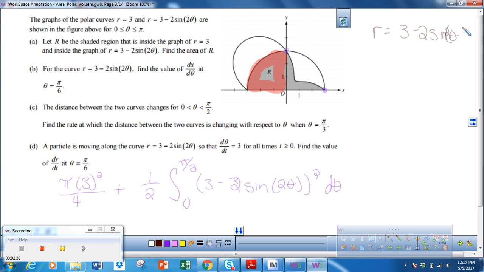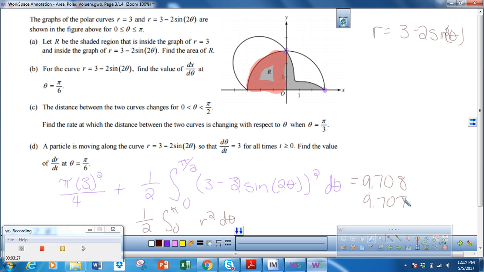And then on this part of the test, when you put it in your calculator, you can just do the integral from 0 to pi over 2 of r squared d theta. And if you don't know how to paste that into that integral, please see your teacher. But that is how I would do that on the calculator. At any rate, the final answer for that was 9.707 or 9.708.